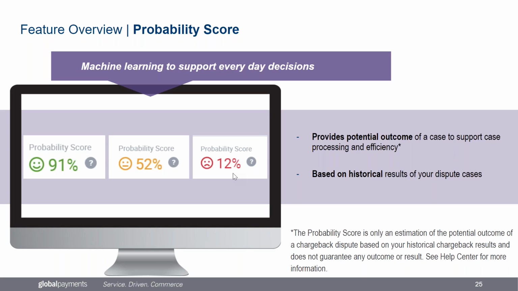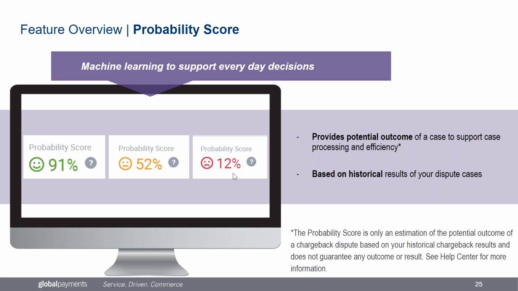However, even though we say that something is green, it doesn't necessarily mean that you win the case. It just means that you have a higher probability of winning the case. And the same goes for anything that's red. If you decide that you want to challenge something that's red, you could potentially win the case. Again, it's a probability of how you might fare with this particular case.